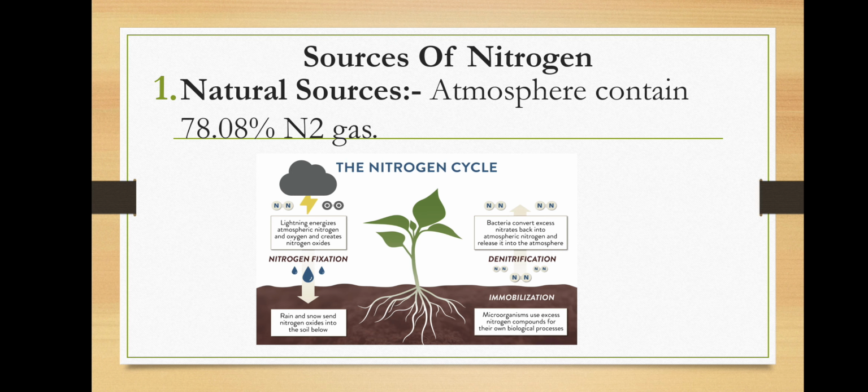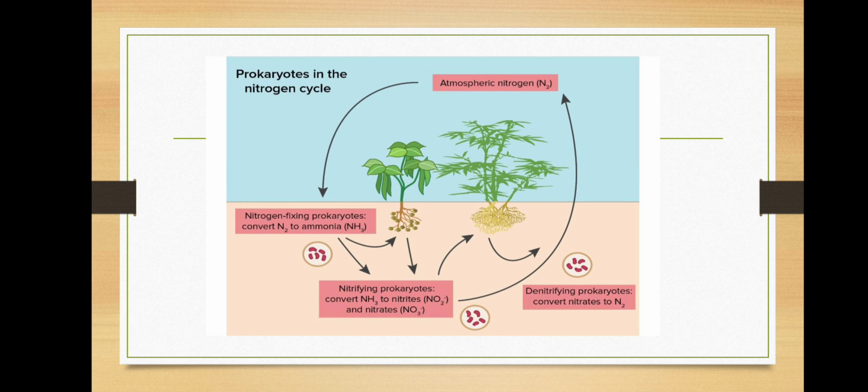If we maintain the microbe population in the soil, it is enough for the nitrogen demand of the plant. But due to excess use of fertilizers by farmers nowadays, the microbial count is going down day by day. So the natural source is coming down, and chemical fertilizers and other sources are taking a rise in the country.